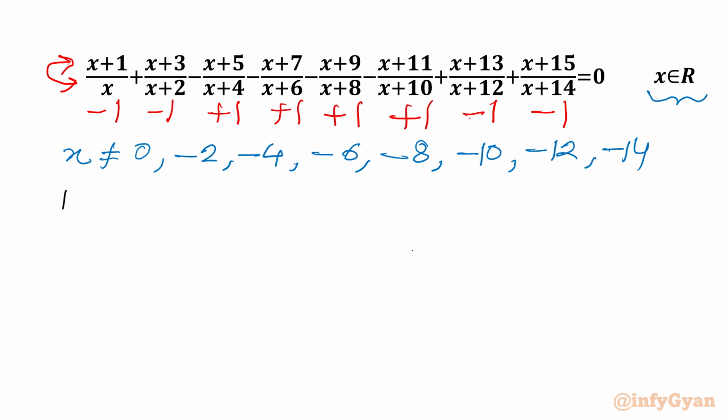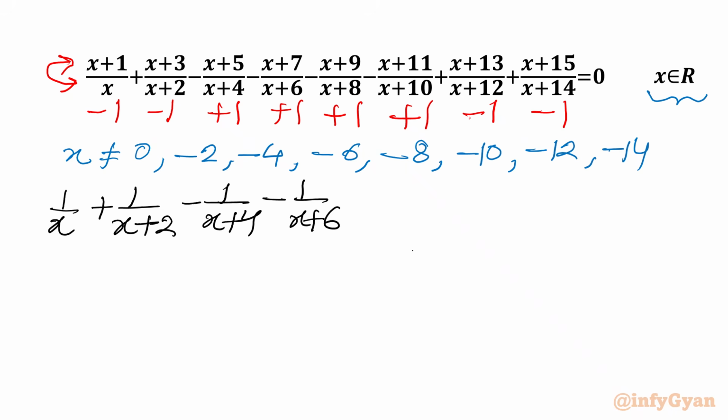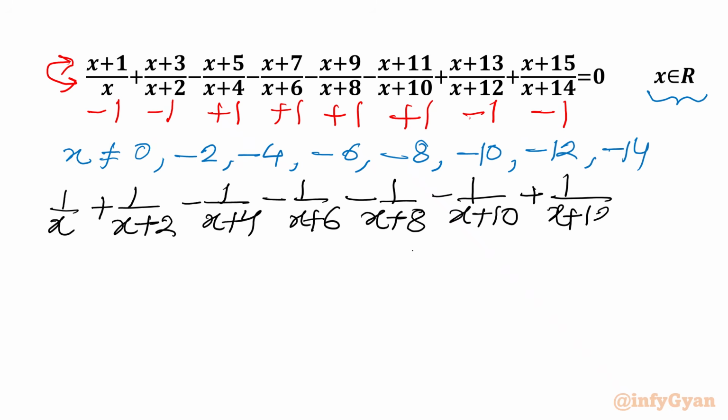Take LCM, we will get 1 over x. x plus 3 over x plus 2 minus 1, we will get 1 over x plus 2. 1 minus x plus 5 over x plus 4, minus of 1 over x plus 4, minus of 1 over x plus 6, minus of 1 over x plus 8, minus of 1 over x plus 10, plus of 1 over x plus 12, plus 1 over x plus 14 equal to 0.